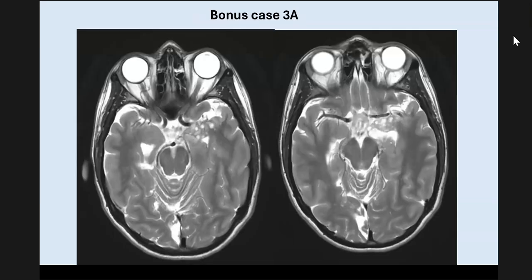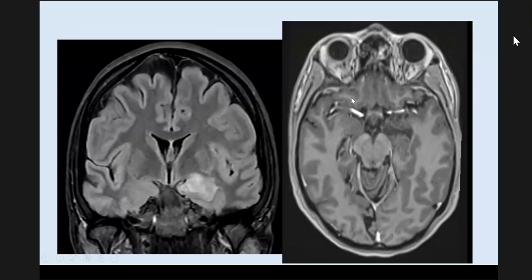Another case, very obvious abnormality in the left amygdala extending to the hippocampus, multiple small rounded T2 hyperintense lesions almost fusing together, forming one lesion, and also expansion of the amygdala. Many of you might have made the diagnosis already.